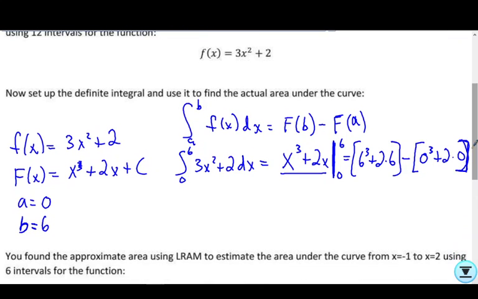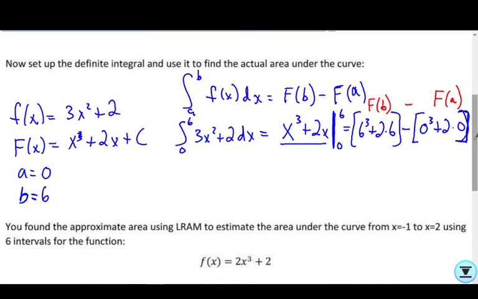Okay? And again, this is the antiderivative at b minus the antiderivative when I plug in a. So this is going to be 216 plus 12 minus 0, which is 228. And that is the answer. Okay?